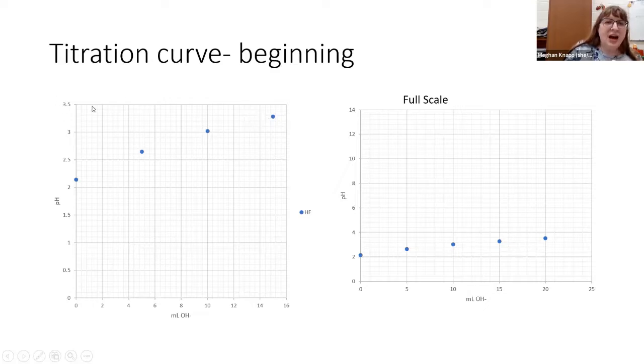But notice that the top point here is at 3.5. So even though this looks like it's changing pretty dramatically, if we look at it on a full scale graph where it goes from 0 to 14 like it does on this right-hand side, that looks pretty flat. Okay, so the first part is going to be fairly flat.